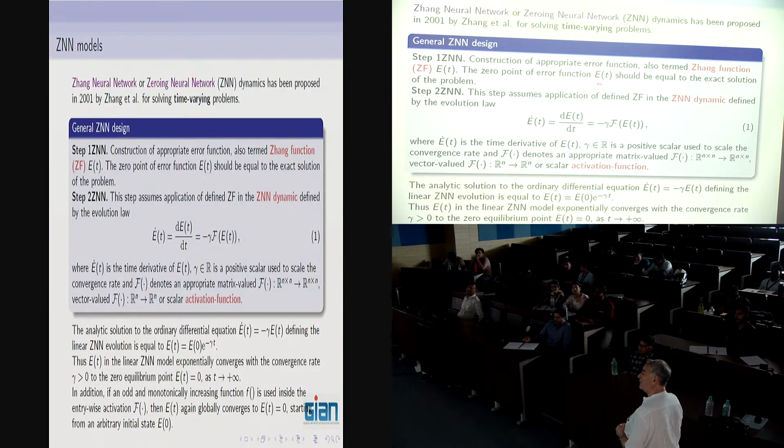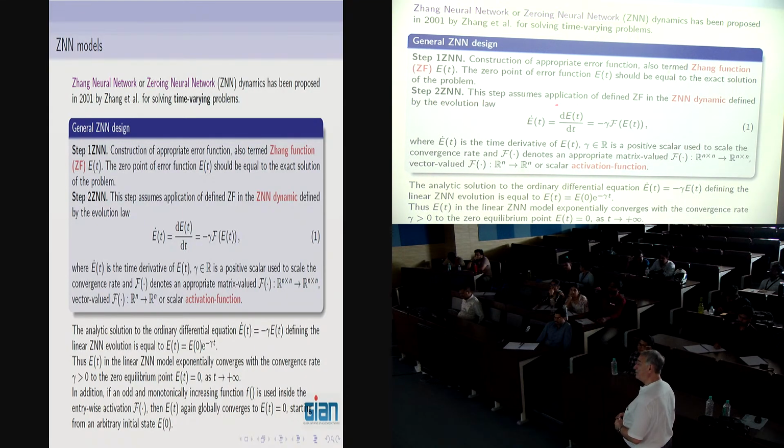E of t can be a vector, a matrix, or a tensor. So the flexibility of the Zhang neural network is much bigger than in the gradient neural network. Frequently, instead of Zhang neural network, the term is zeroing neural network. Why zeroing? Because we want to find the zero of our error function.